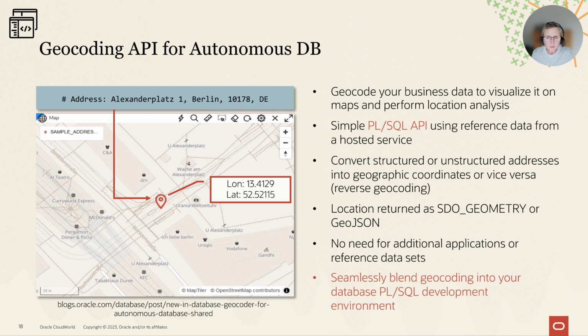Please note that you need to enable a database user to use the interface. This requires connecting as the admin user to the Autonomous Database instance and granting access to the database user using the function.